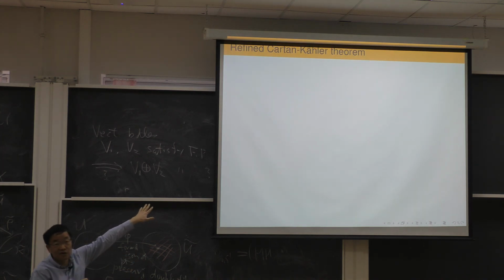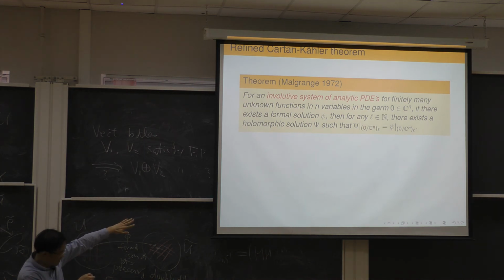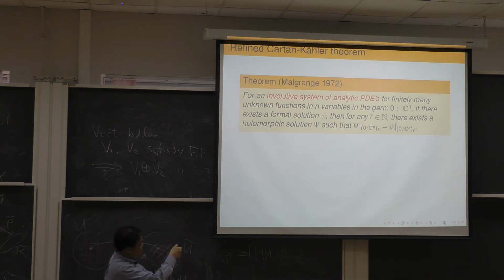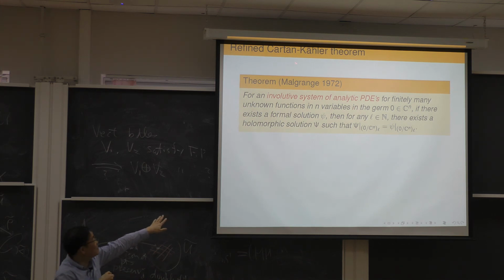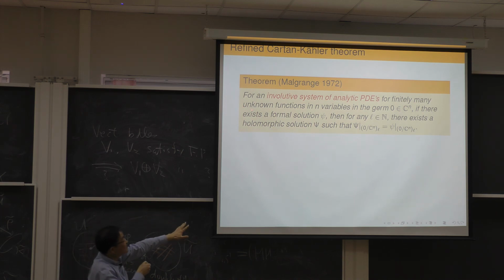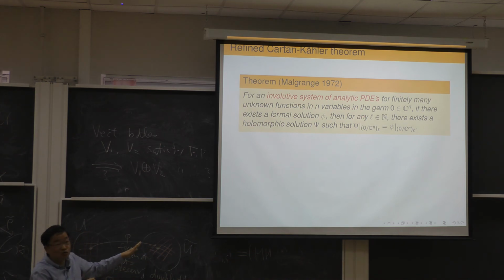Now, luckily, there's a result in this line. This is Malgrange's sort of approximation, called the refined Cartan-Kähler theorem. It says that it's not true for any system of analytic PDE, but if the system is involutive, which will be explained soon, there's a certain class of PDE systems called involutive systems. For an involutive system, if it has a formal solution, then there's a convergent solution approximating the given formal solution up to any given order.